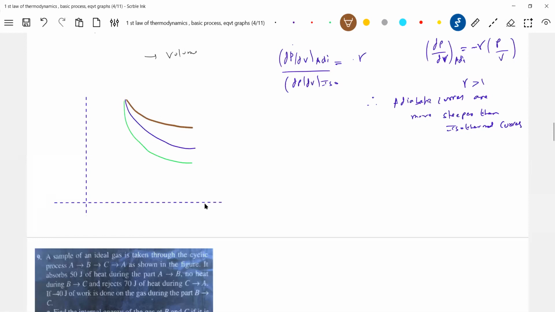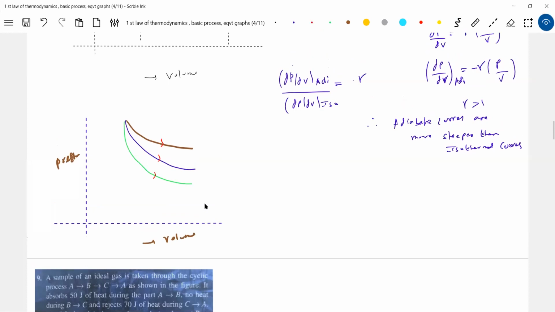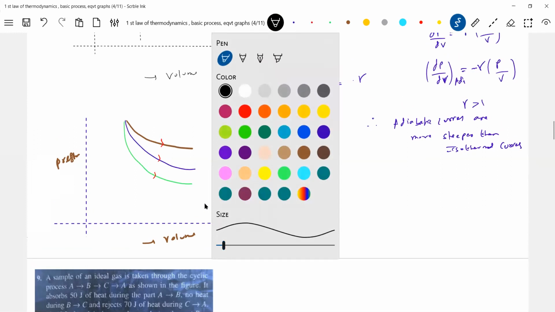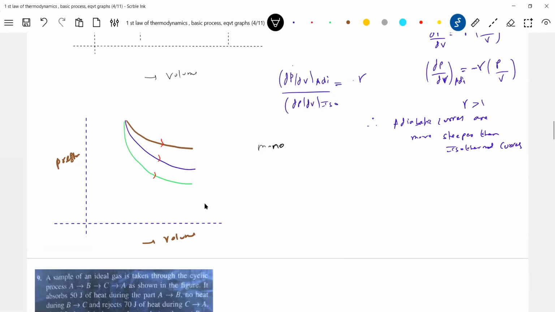There's a pressure, there's a volume. Which one will be monatomic, diatomic, or polyatomic or triatomic gases? So look at the expression for this: dP by dV is equal to minus gamma P by V. Gamma for which gas will be more? Monatomic gas. For monatomic gas, anybody, gamma value? 5 by 3.